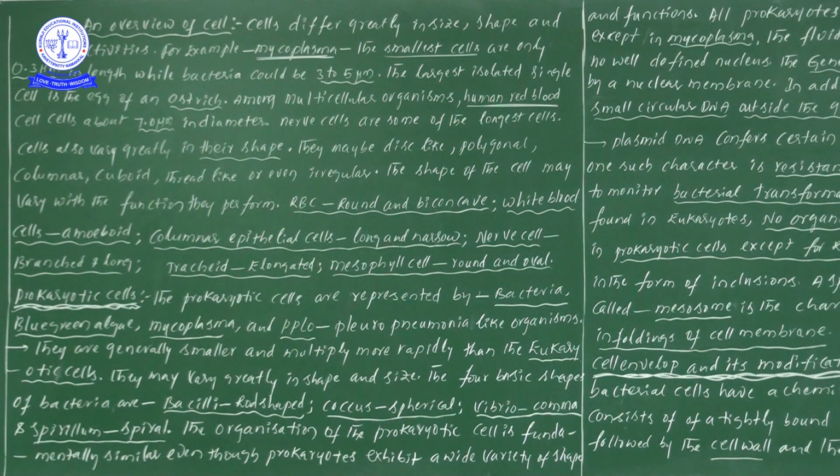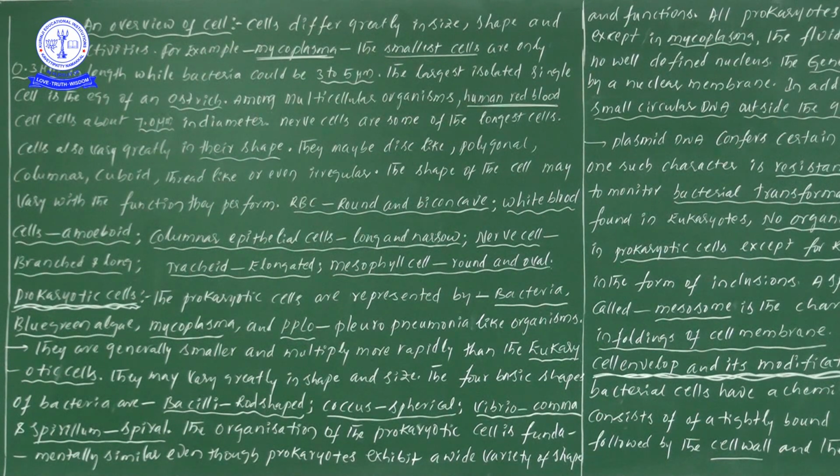Ribosomes are amembranous, meaning non-membrane, cell organelles, and they are present in both prokaryotes as well as eukaryotes. In animal cells, one more non-membranous cell organelle is there, the centrosome.